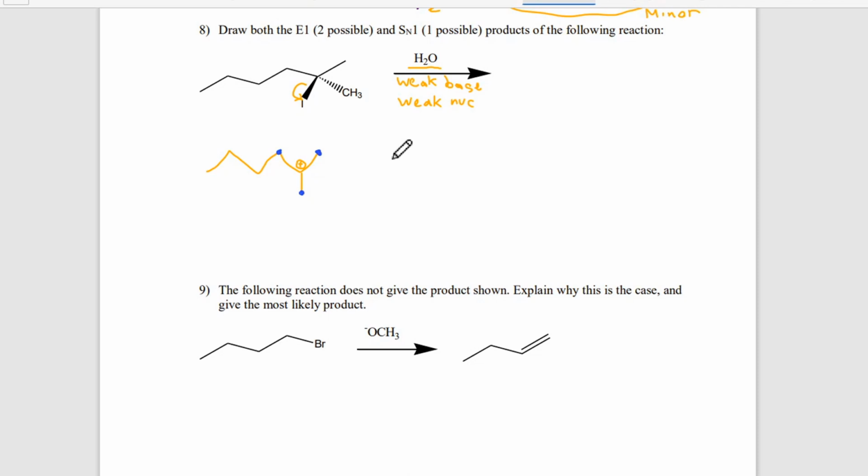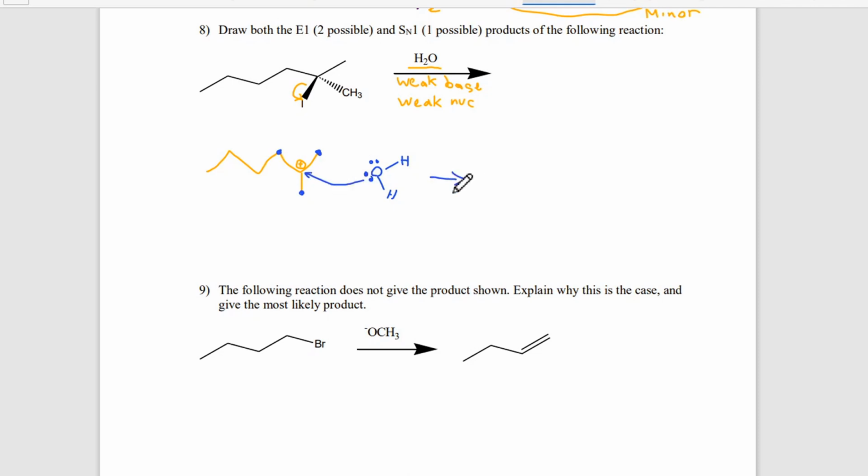All right. So then what you're going to go ahead and do is you're going to either have water, which has a lone pair of electrons. So it can act as a base, but it would be a weak base. It can act as a nucleophile as well. If it acts as a nucleophile, what's it going to do? Attack the cation. Yeah, it'll attack the carbocation. It's going to join right here.